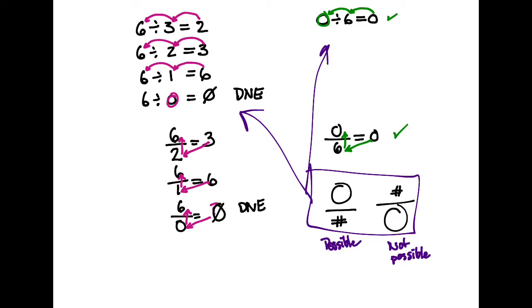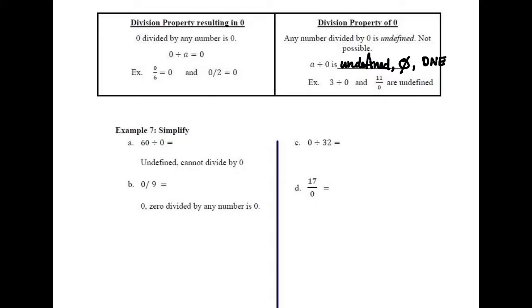Top number always comes first. So the top number is 0, so if 0 comes first, it's possible. If 0 comes second, it is not possible. Now let's go back and look at these. I'm going to write that little balloon thing over here. So this is good, and this is not.